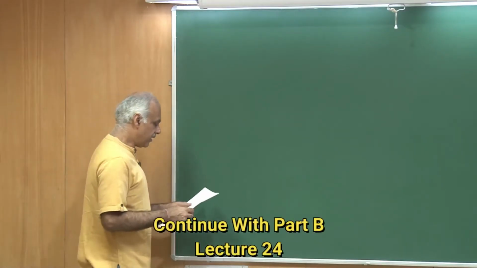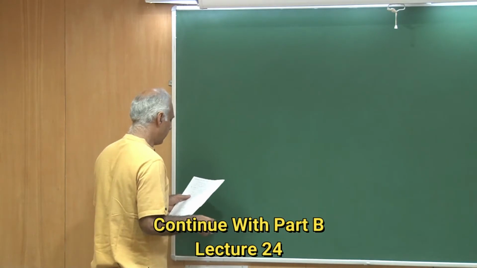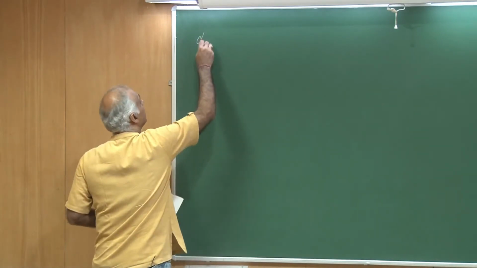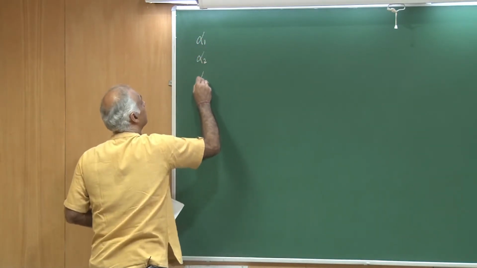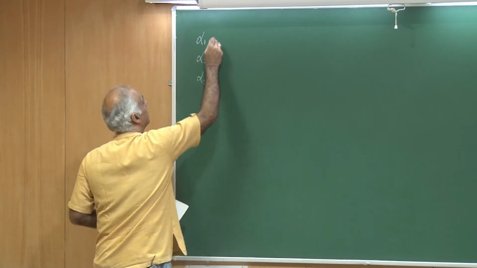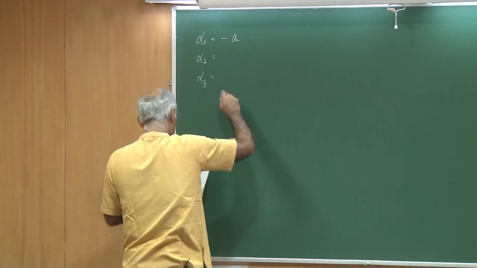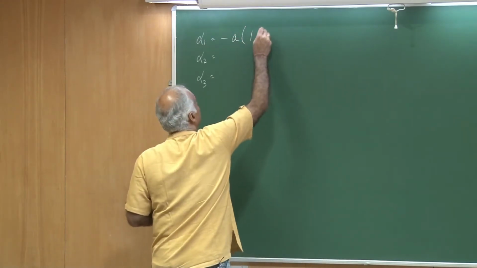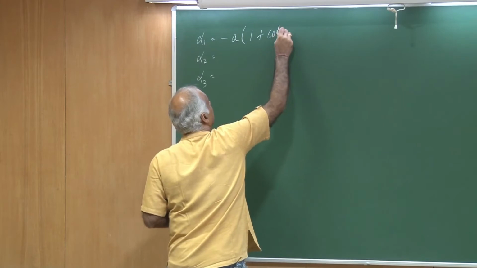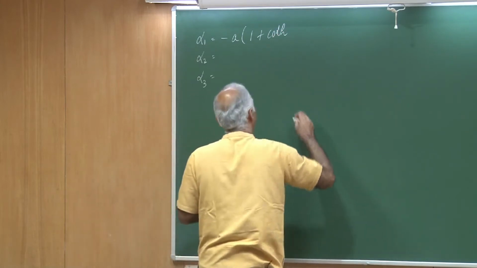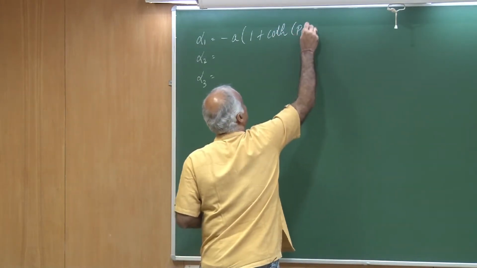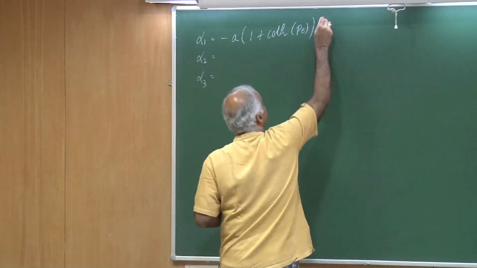So let us write down the value of alphas that we can find out. Alpha 1 is found to be minus a into 1 plus cotangent hyperbolic of Peclet number divided by 2h.